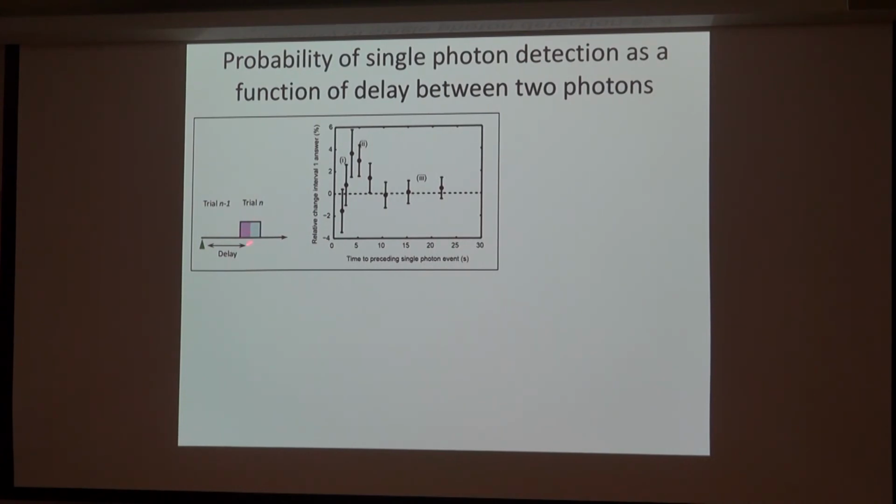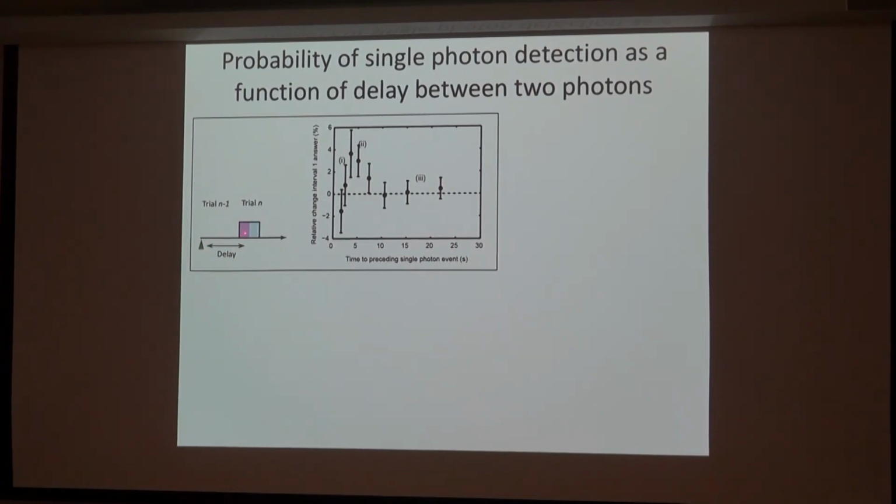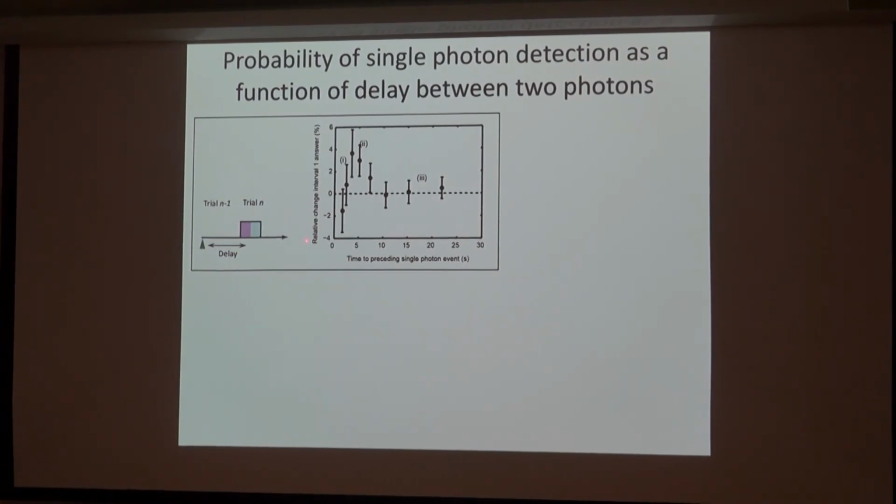And this is what we indeed could observe. From that, we could extract the gain kernel of the system, and using that, it allowed us to fit both curves, both the delayed detection events and also the nonlinearity that we observed in the low photon probability case.